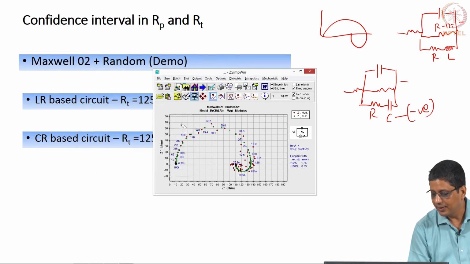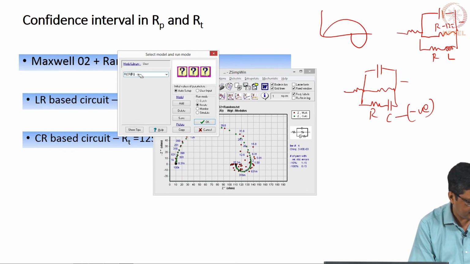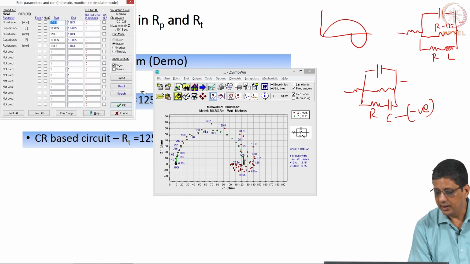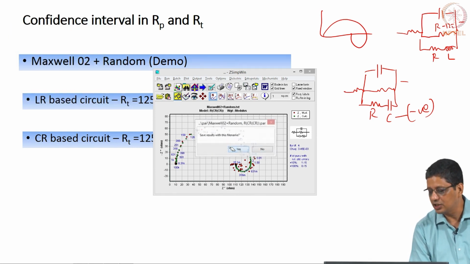Now, instead of this, I can use C, except that I have to say that this has to be negative, only then I can model. So I have given it negative and asked it to model, and it will fit equally well because those circuits are actually equivalent.